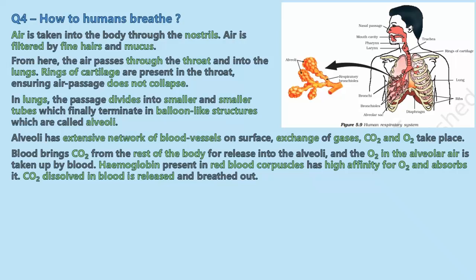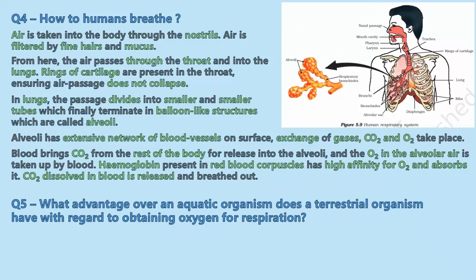Hemoglobin present in red blood corpuscles has high affinity for O2 and absorbs it from the air that we breathe in. CO2 dissolved in the blood is released to the air in the lungs using diffusion, and that air which has now become CO2 rich is breathed out. So we breathe in air with oxygen and we breathe out air which is rich in carbon dioxide.